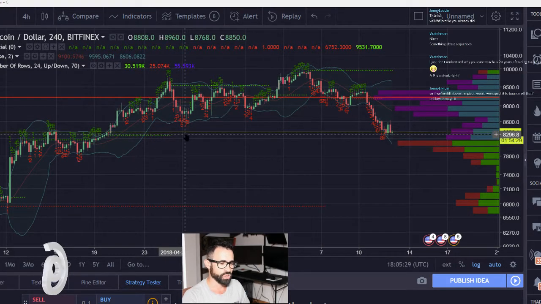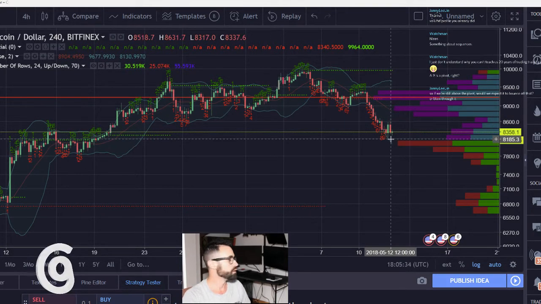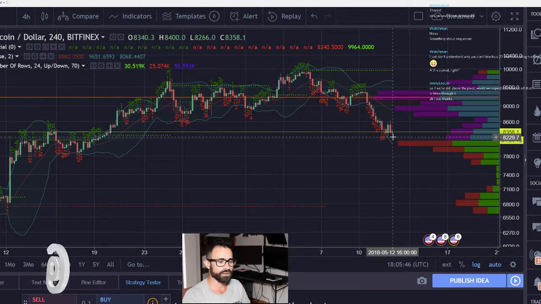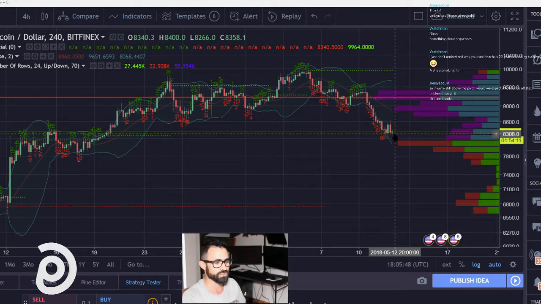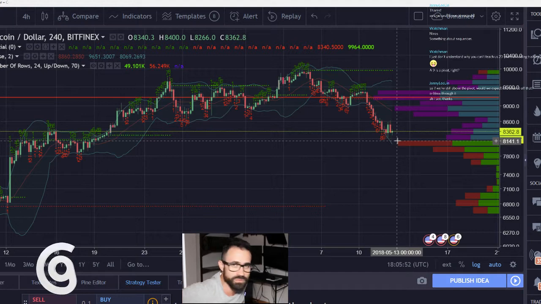And a close above the green is going to be a good long. So yeah, these indicators aren't going to tell you what's going to happen. They're going to tell you the key levels you're supposed to be looking at.